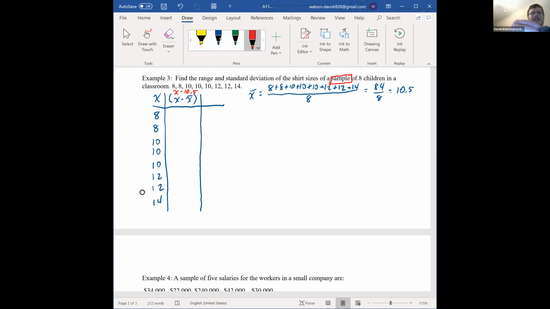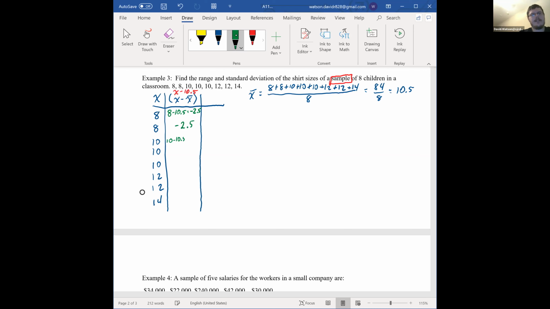All right, now hopefully all of you have your calculators handy because you're going to need them for these. All right, so first off, we have 8 minus 10.5. So that would get us negative 2.5. We have another 8, so that's again negative 2.5. We have 10 minus 10.5.